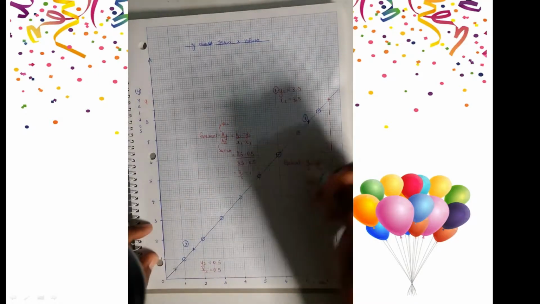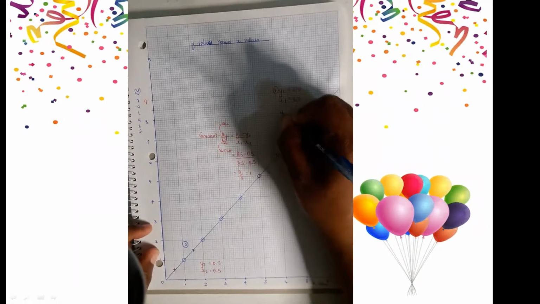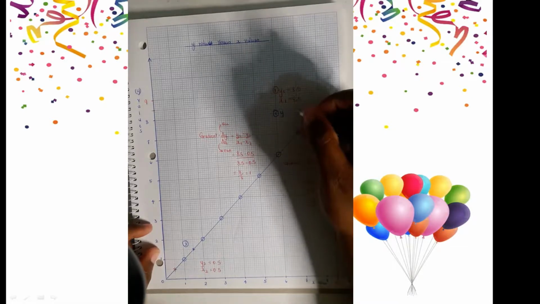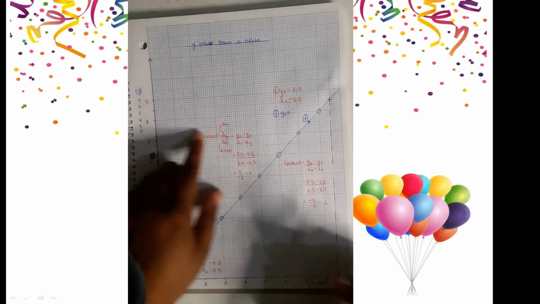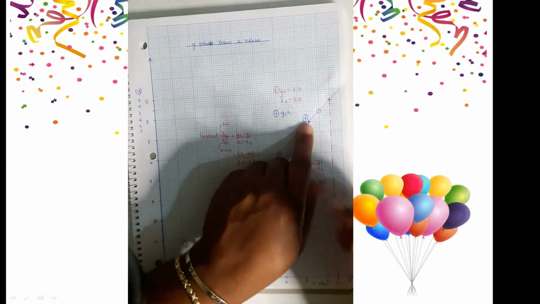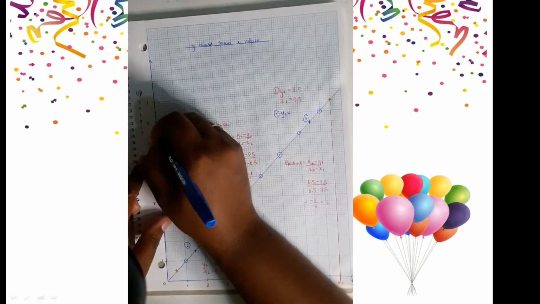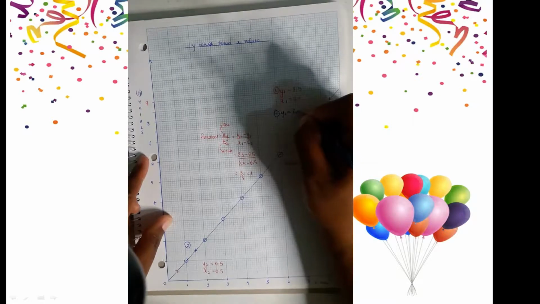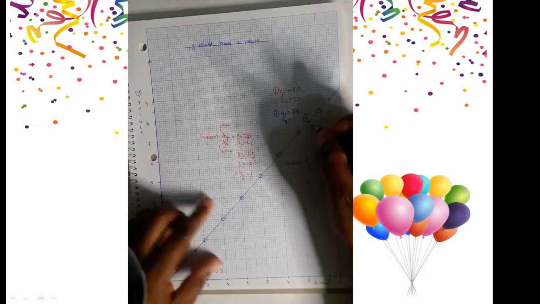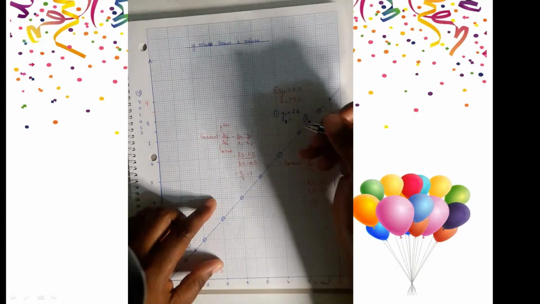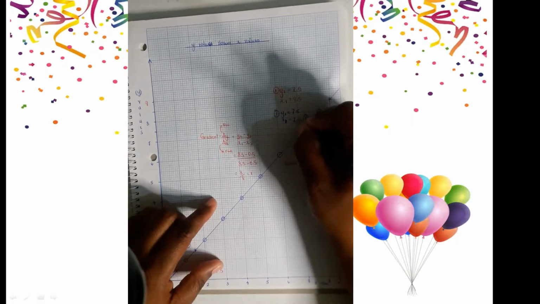So here we have y1. So y1 is equal to, and we go across here and we see that is 7.5, right? Because it's right in here. So 7.5. And our x1 is equal to, if you come down here, you see that it is 7.5.